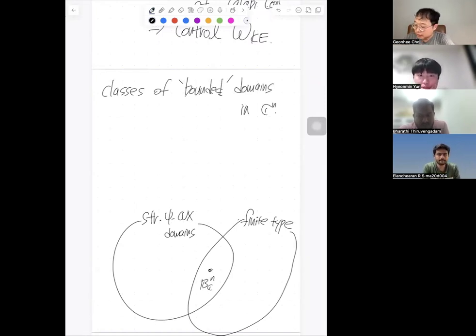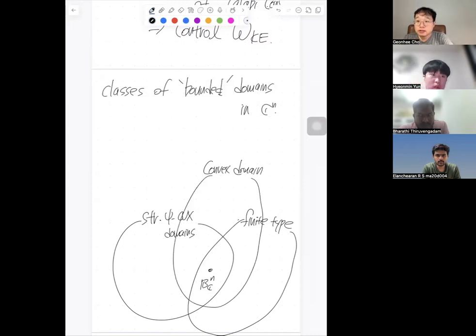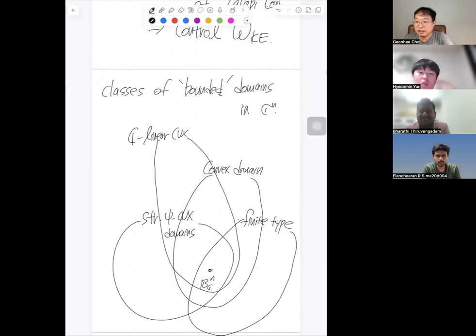And also there is just a convex domain. I think it could be something like this. So there is the so-called C-linearly convex class. I don't know how to draw this diagram. Probably something like this. And there are also other types of domains.